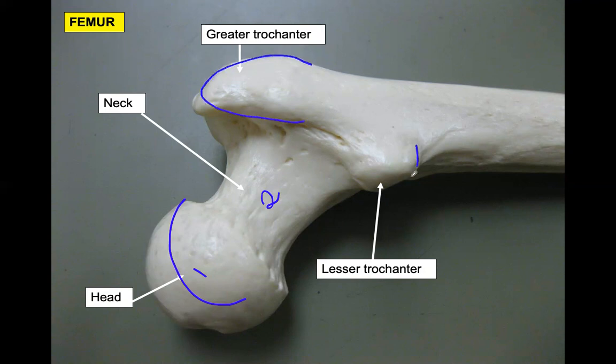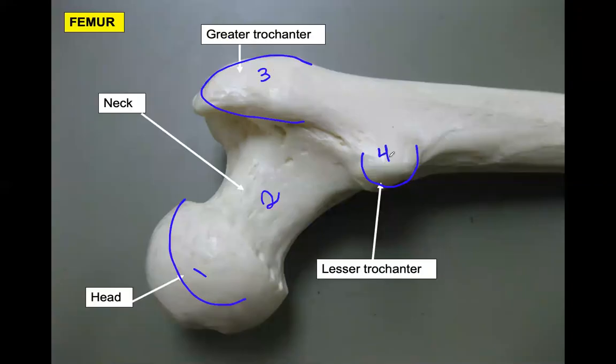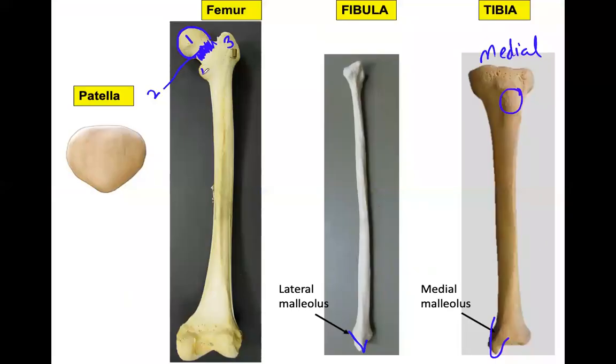Here's my big one, here's my smaller one. The big one is called the greater trochanter, and the smaller one is called the lesser trochanter. You can see the size is larger. And the lesser trochanter here is number 4 for us. Trochanters and tubercles are both points of attachment for your muscles to the bone.